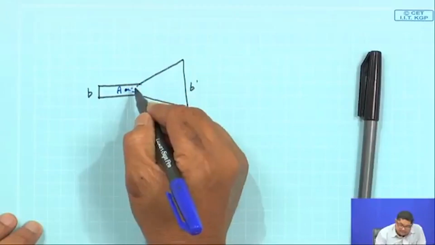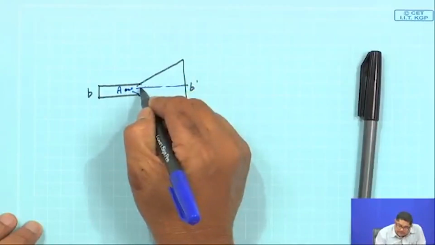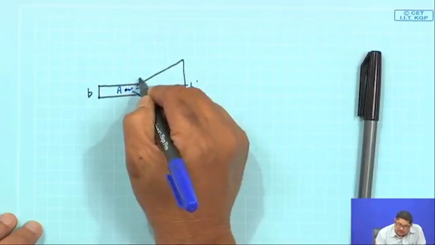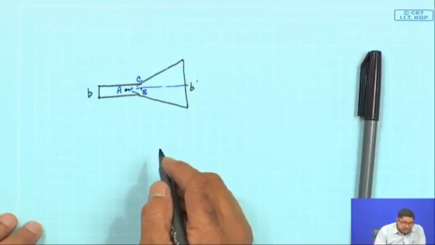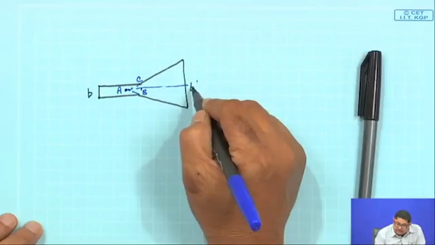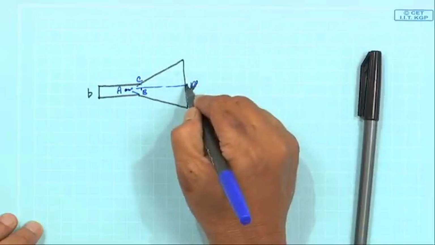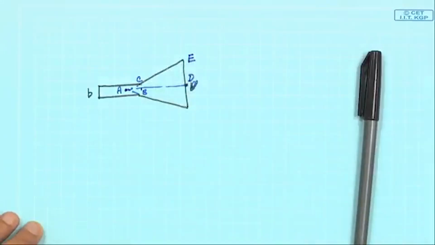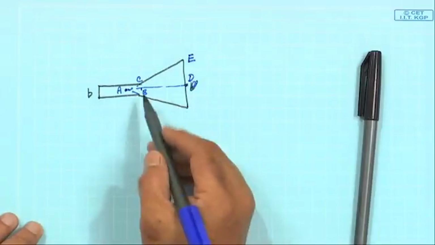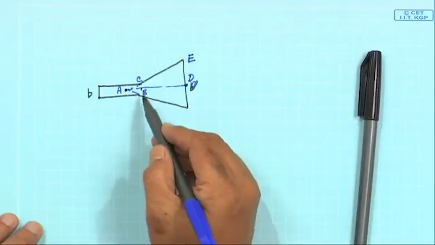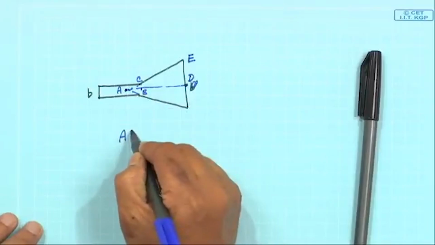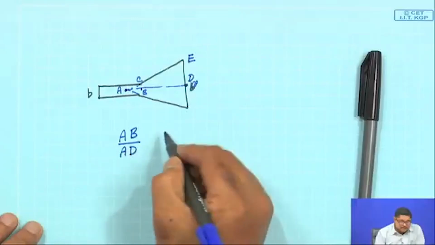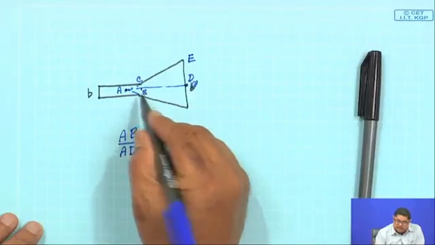Now, the point where the flaring started, let me call it B. On this line, this point is C, and this point on the aperture, let me call D, and this point at the top, let me call E. So, here you can see easily that from geometry I can always write AB by AD is equal to BC by DE.